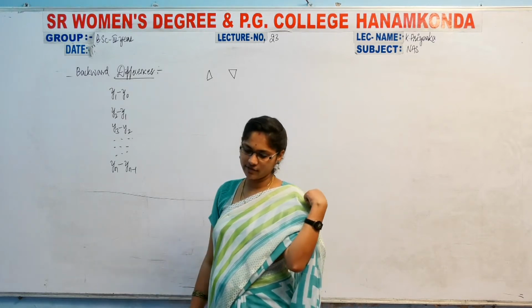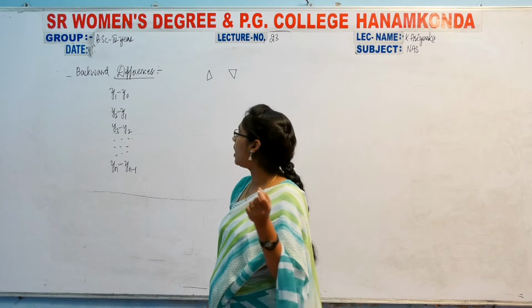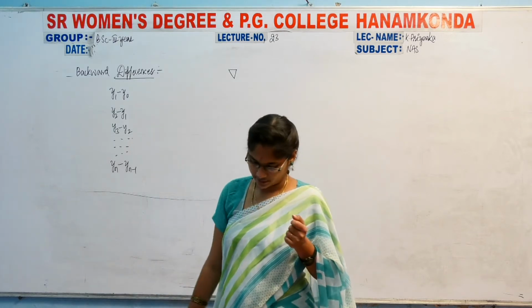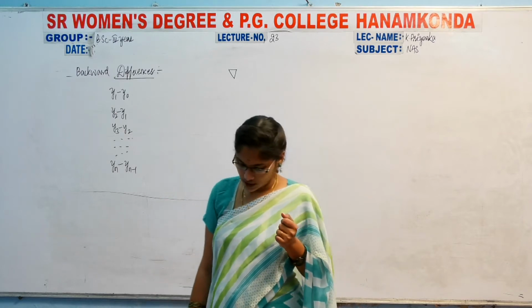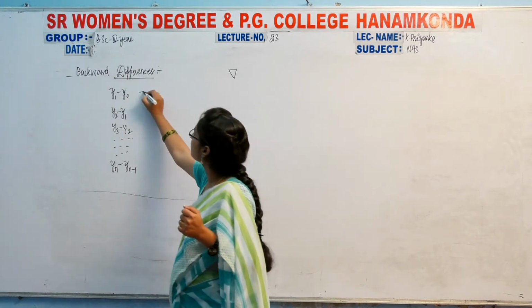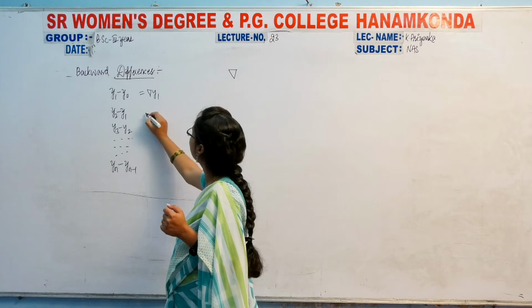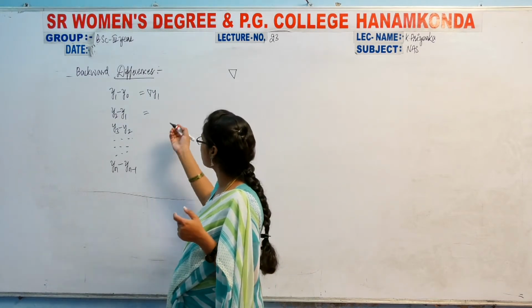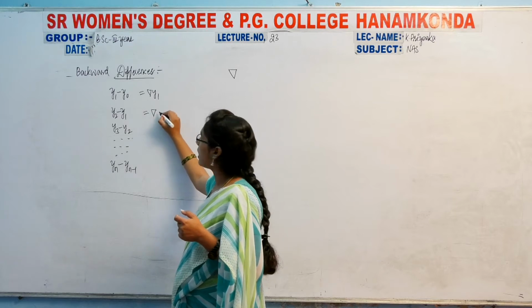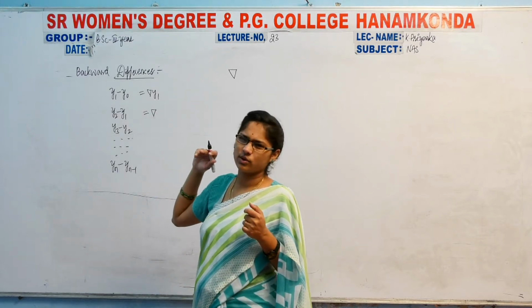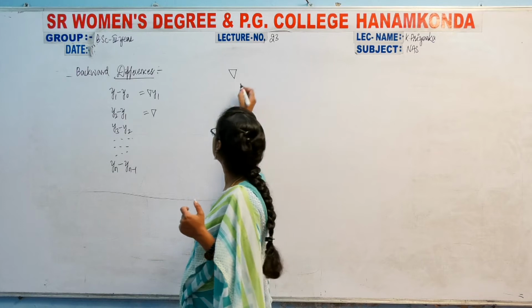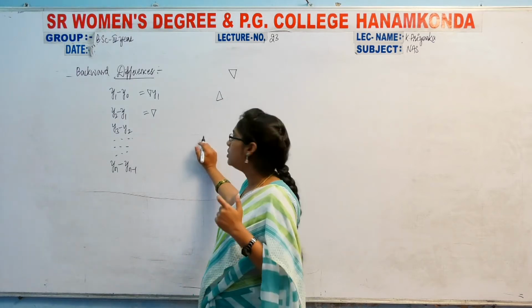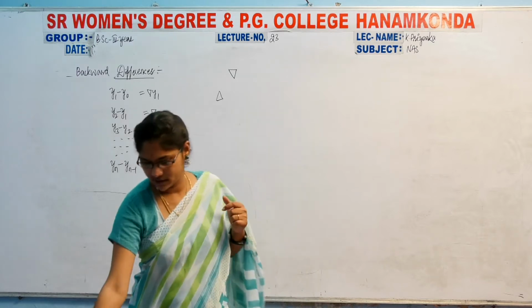The first backward differences are denoted with the reverse of del, also called nabla. So here I am taking the reverse of that one.